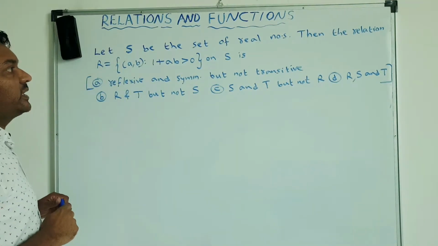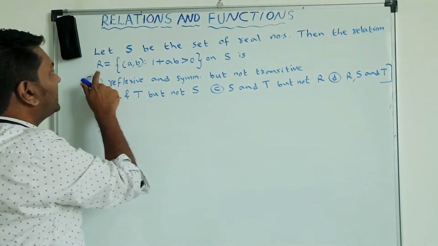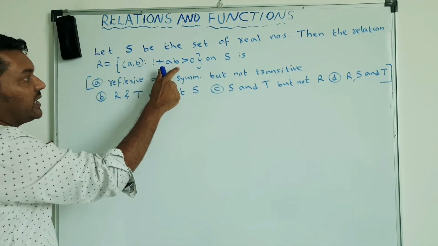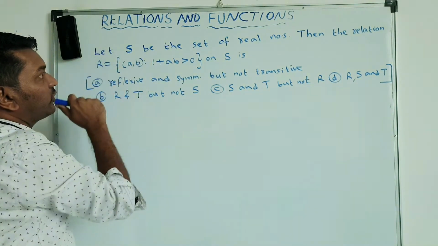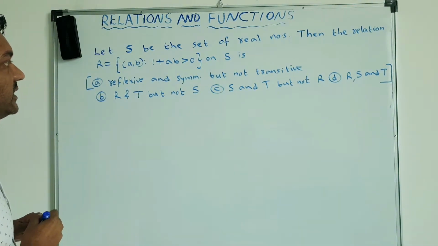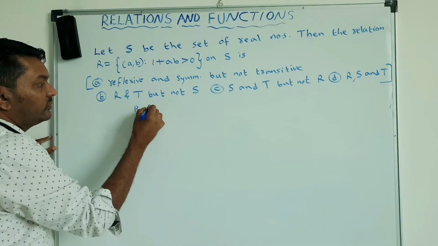Now moving to another question. Let S be the set of real numbers. Then the relation R equal to the set of ordered pairs (a, b) such that 1 plus ab greater than 0 on S. S means set of real numbers. They are asking which kind of relation this is. So I am checking whether it is reflexive first of all.